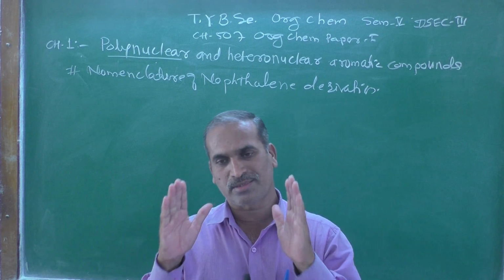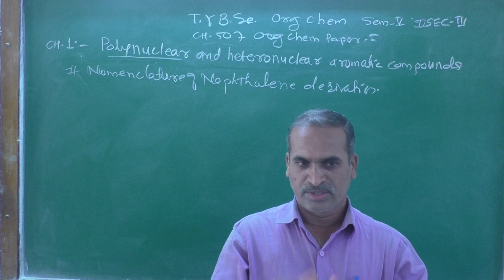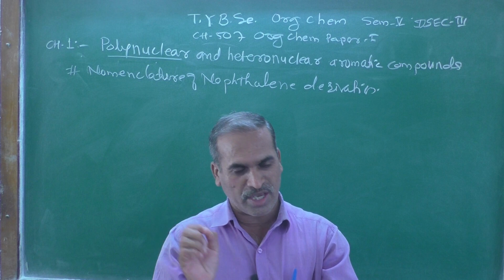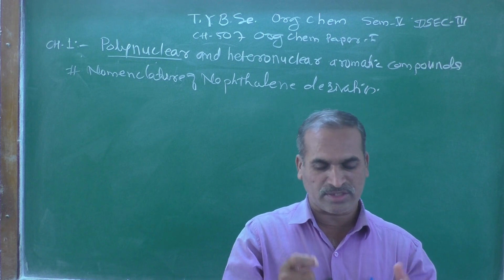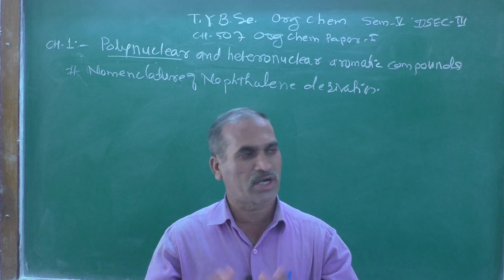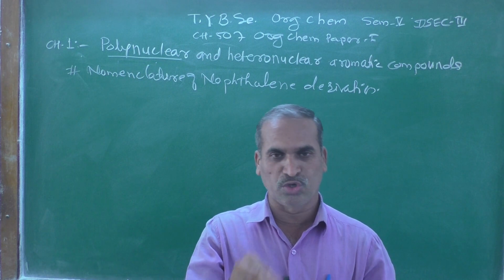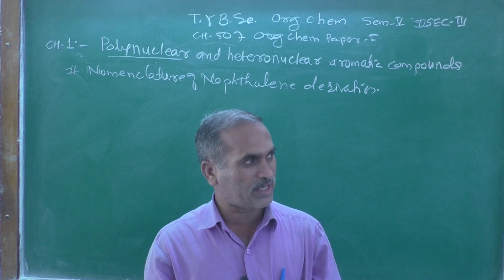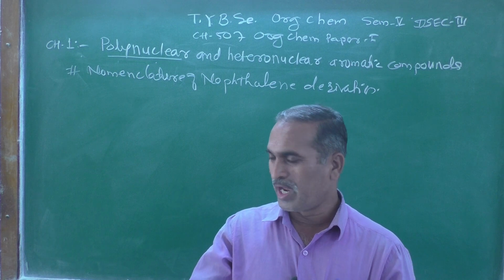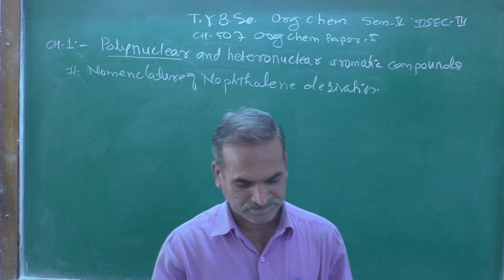If you observe the structure of naphthalene carefully, you will find that two benzene rings are fused together by sharing 2 carbon atoms, and the resulting compound is called an aromatic compound, which shows the aromatic character, and that's why naphthalene is included in polynuclear aromatic compounds.